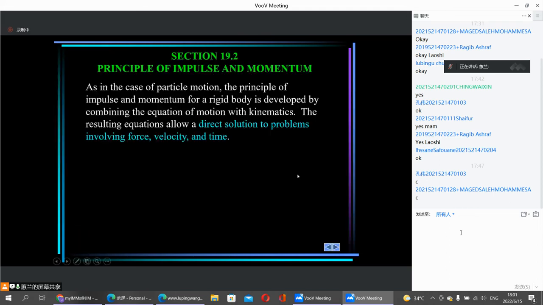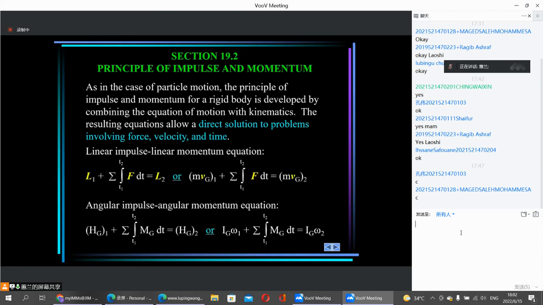And for the principle of impulse and momentum, it will be exactly the same. The initial linear momentum plus the linear impulse. Linear impulse measures the effect of the forces over time. So linear momentum plus linear impulse will equal the final linear momentum.